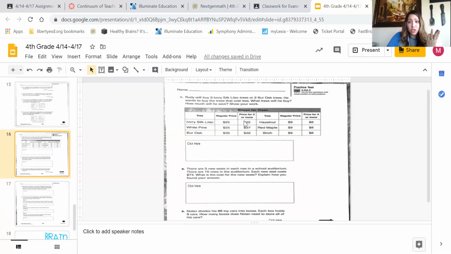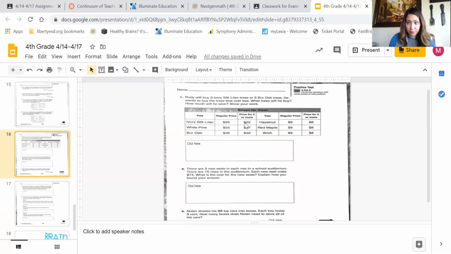So how much is a silk lilac tree? Well, regular price is $25, but it says price for 3 or more. So I need to use the 22 because he's buying 3 or more in that case. So you take 3 times 22, okay? And that's going to give you the cost of ivory silk lilacs.